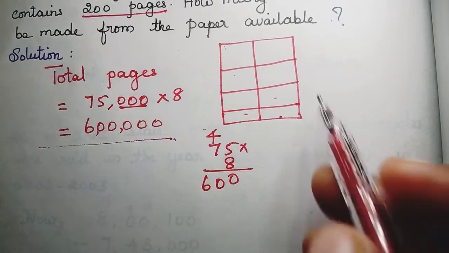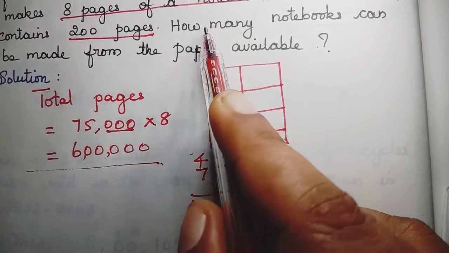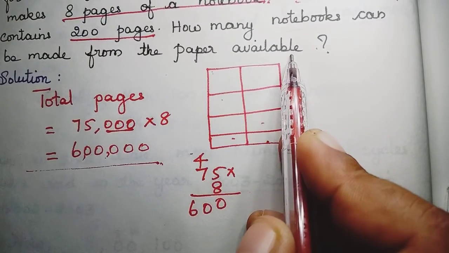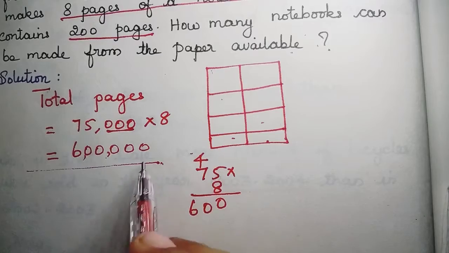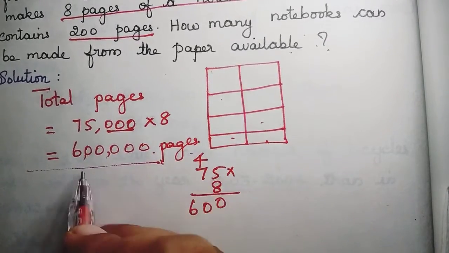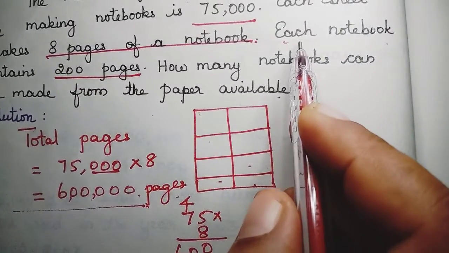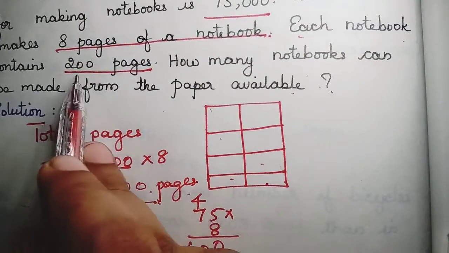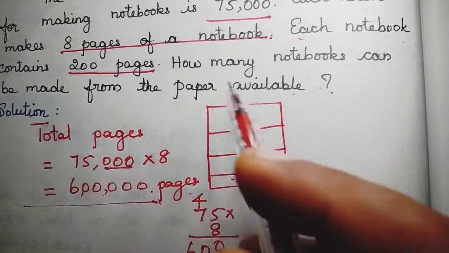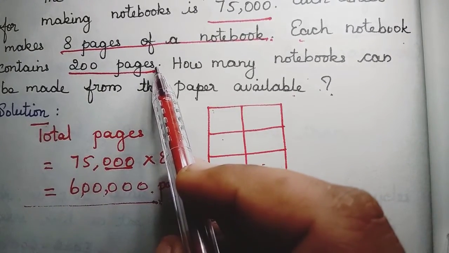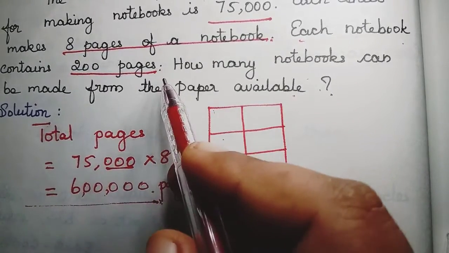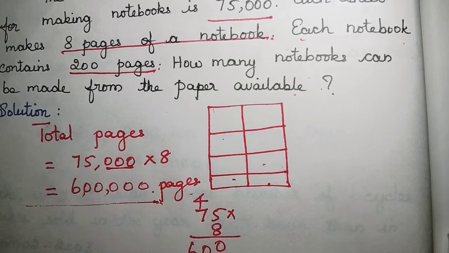Now what's the question here? How many notebooks can be made from the paper available? So how many notebooks can be made from this number of pages? Another data is given: each notebook contains 200 pages. So the total number of pages is here, and each notebook has 200 pages. How will you find the total number of notebooks that can be made?